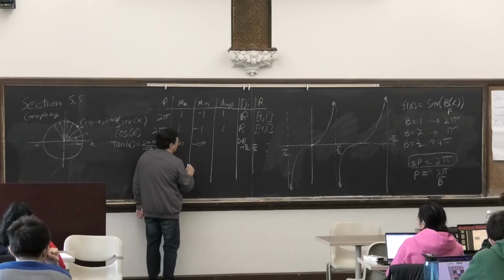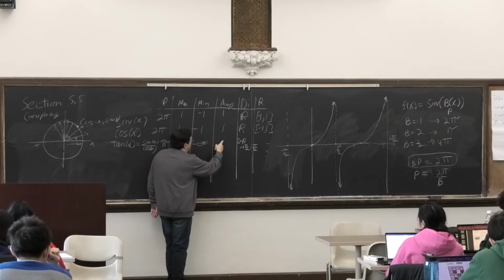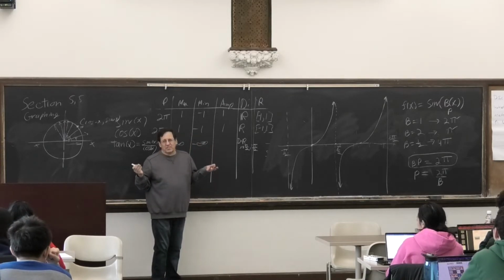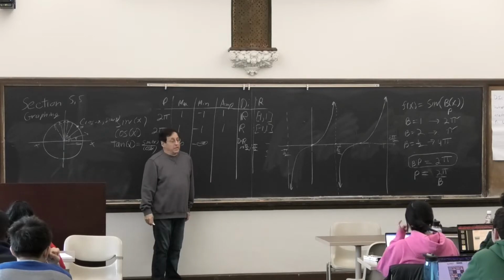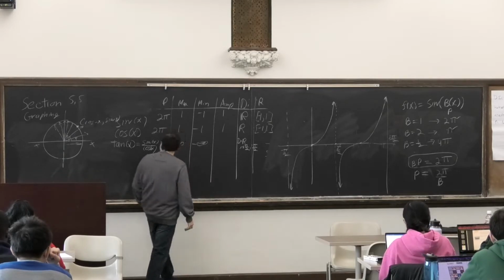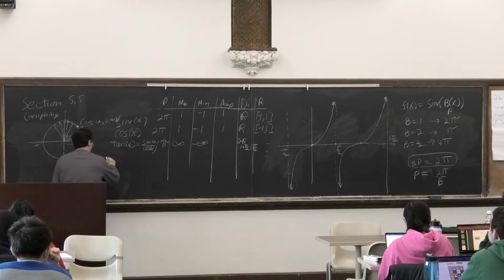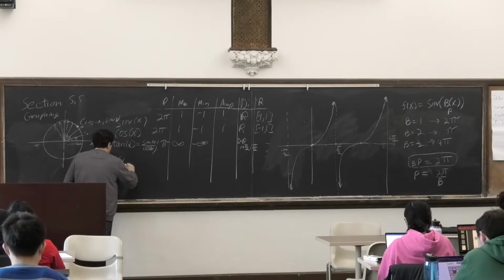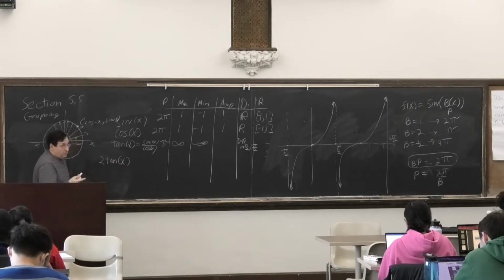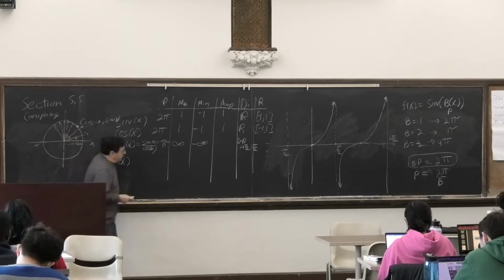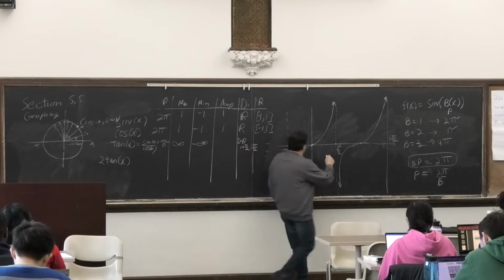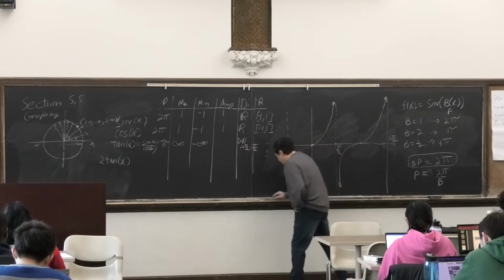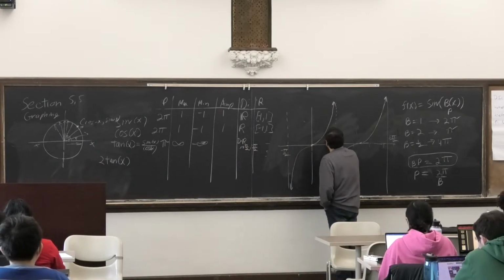Negative, yeah. So the tangent doesn't really have an amplitude. Now, that doesn't mean you can't say, what's 2 tan of x? And you might say, oh, it's got an amplitude of 2. But what that's going to do is just shape the graph a little differently.